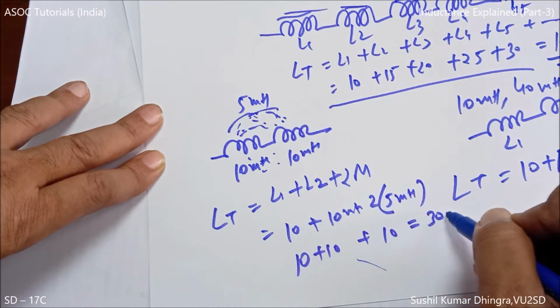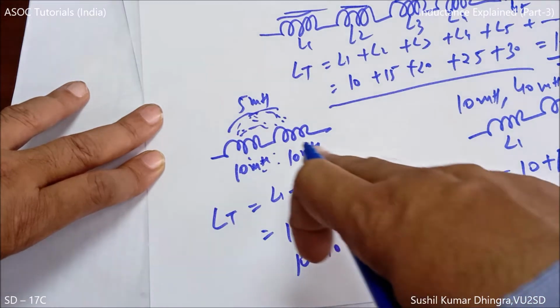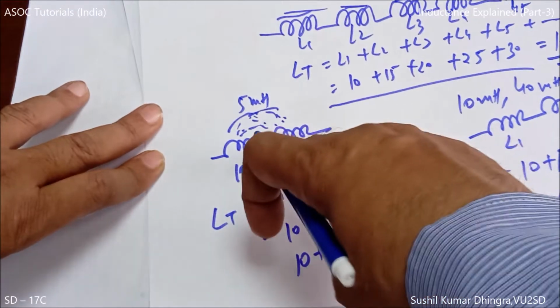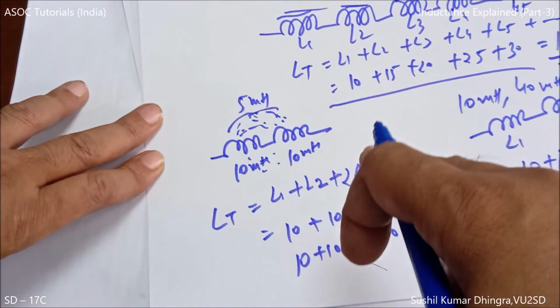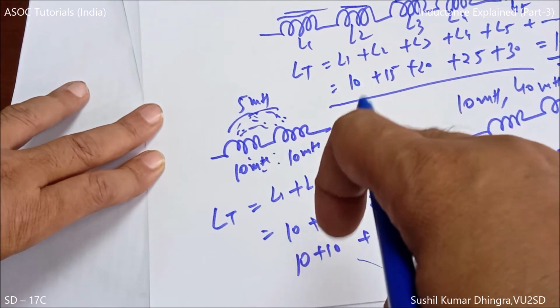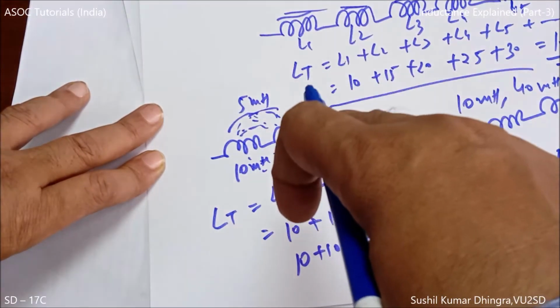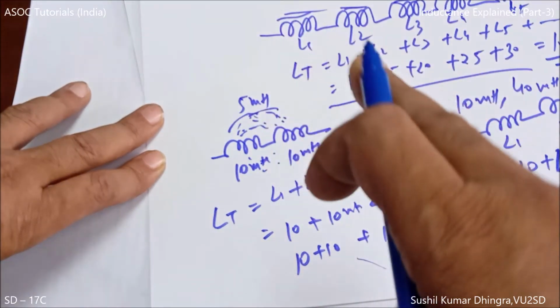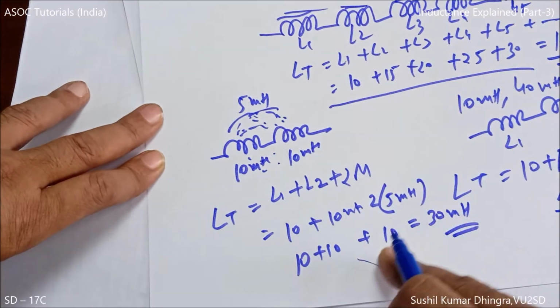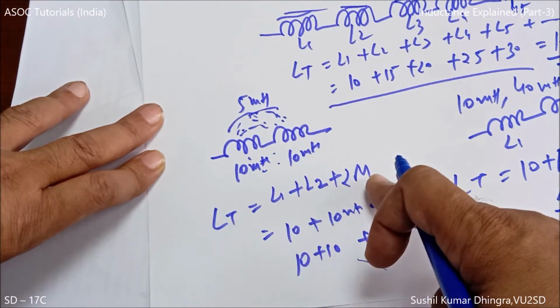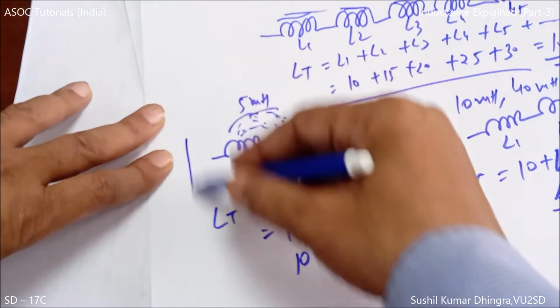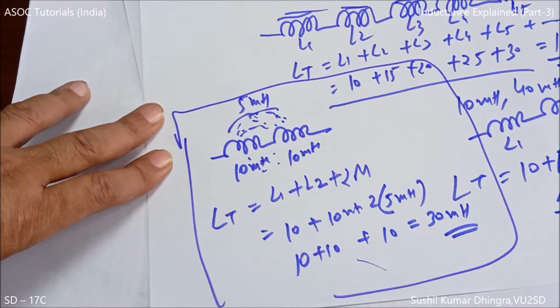If you calculate it, this will become 30 millihenry. If these two inductors are magnetically isolated, then 10 plus 10, 20 will be the answer. But now this is a new case where mutual inductance is also available, and this flux and field are also linking and giving an added 5 millihenry. So due to that added 5 millihenry, now the result is L1 plus L2 plus 2M, 10 plus 10 plus 2 times 5, equal to 30 millihenry. This one is very important, especially for higher grade, general grade examiners may ask.